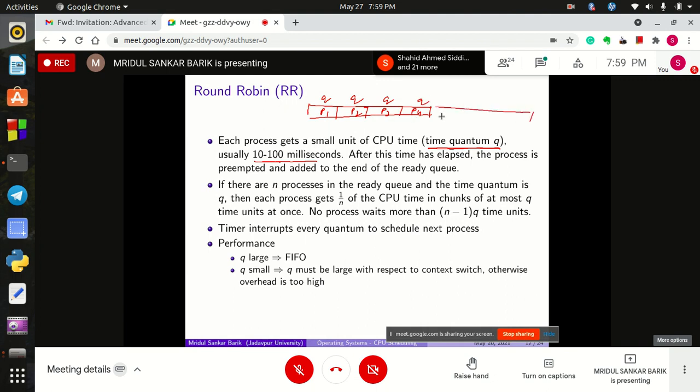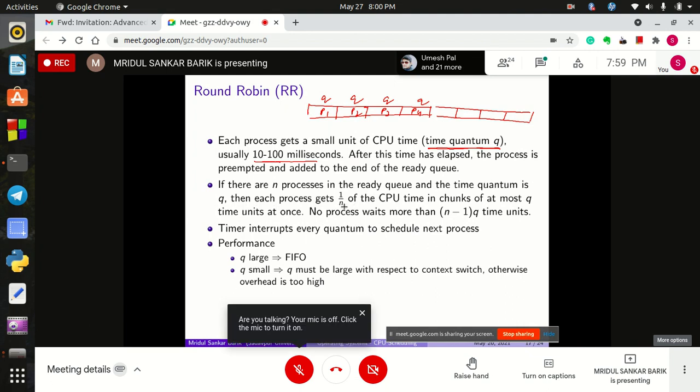Then again, after that, another round, P1, P2, P3, P4, assuming that they have not finished. Okay, so if there are n processes in the ready queue and the time quantum is q, then each process gets 1/n of the CPU time in chunks of at most q time units at once.